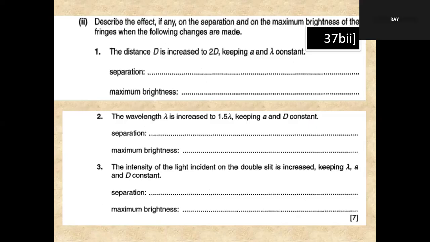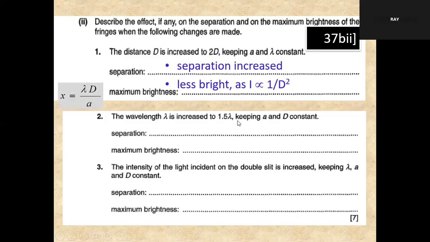Larger separation. Brightness? The fringes are further away, so the intensity becomes smaller. Intensity is inversely proportional to 1 over D squared.